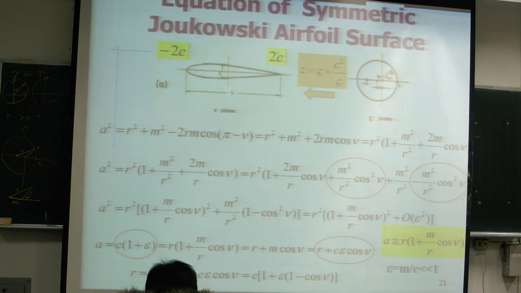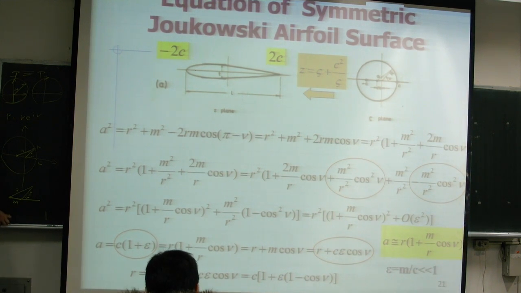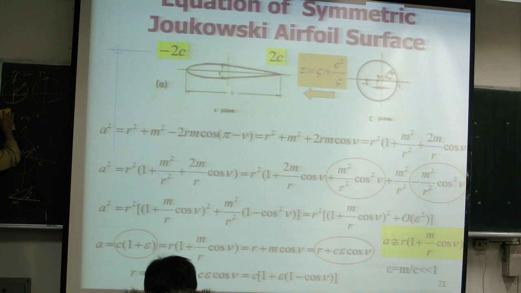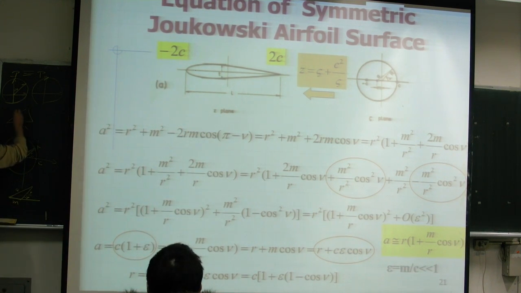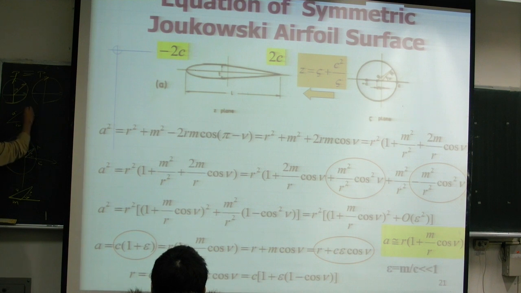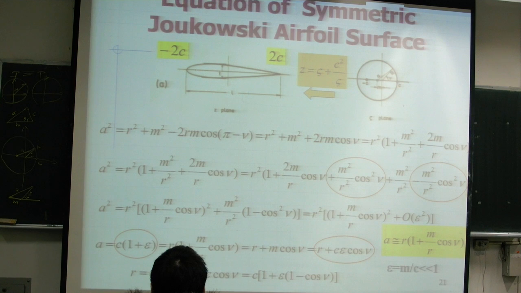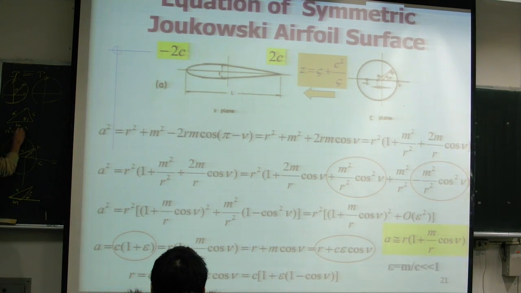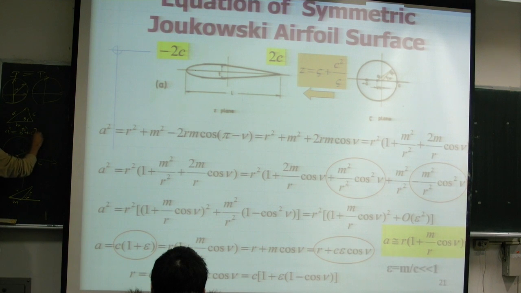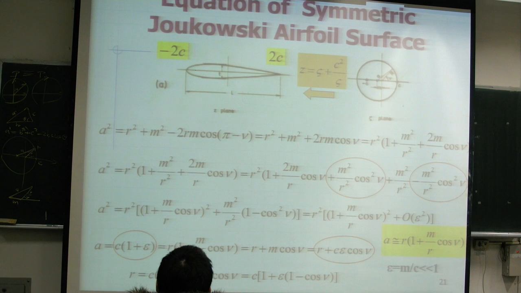So I apply the so-called cosine theorem. What is the cosine theorem? Do you remember? If I have a triangle with sides A, B, C and the angle opposite A is theta, then A squared is equal to B squared plus C squared minus 2BC cosine theta, right?